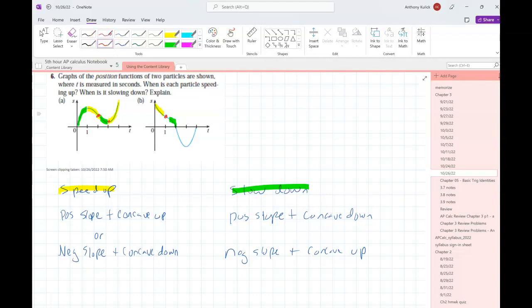Because we're negative, but we're concave down. Oh, wait a minute, hold on. Negative slope, concave down, okay. That's negative slope and concave, I'm sorry. Hold on. Negative slope and concave up. Sorry. So we start off slowing down. And then we speed up. And we slow down again. And then we speed back up again.